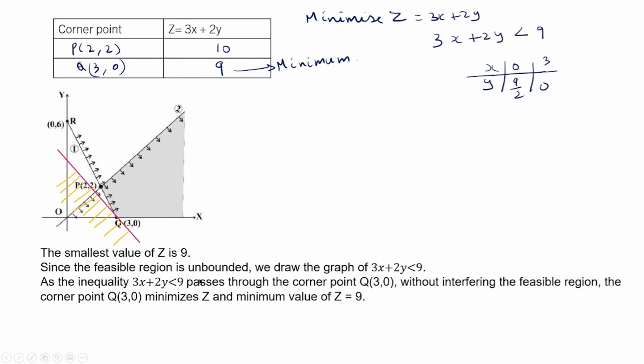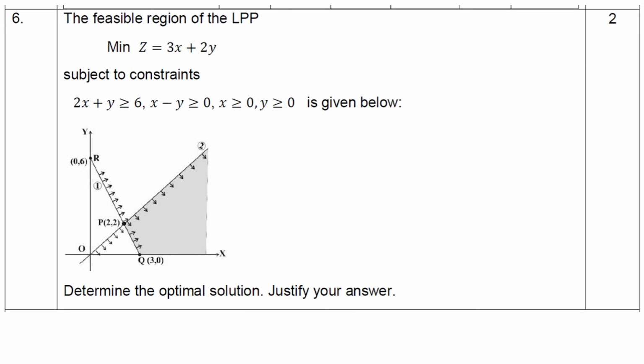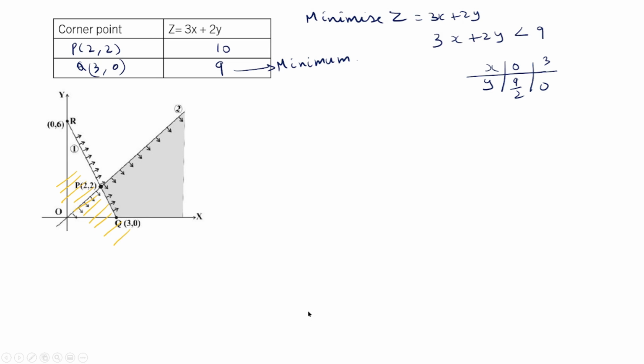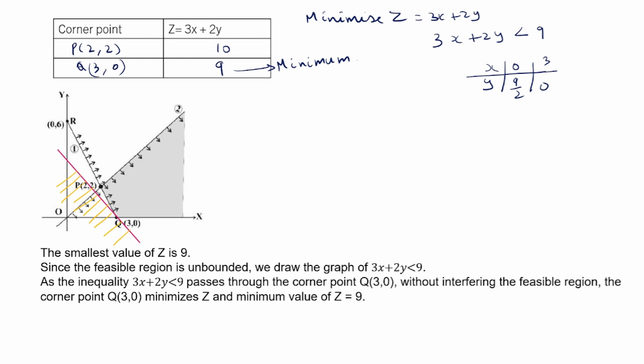So here we have the result. The question was we have to find the optimal solution and we have to justify the answer. So we have found the optimal solution and this is the justification. The smallest value of z is 9. Since the feasible region is unbounded, we draw the graph 3x plus 2y less than 9.